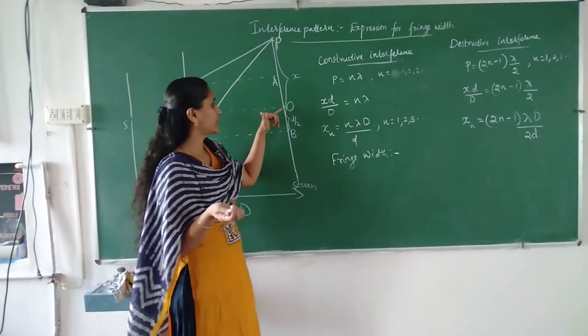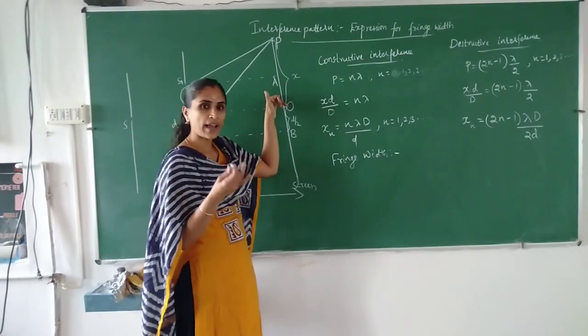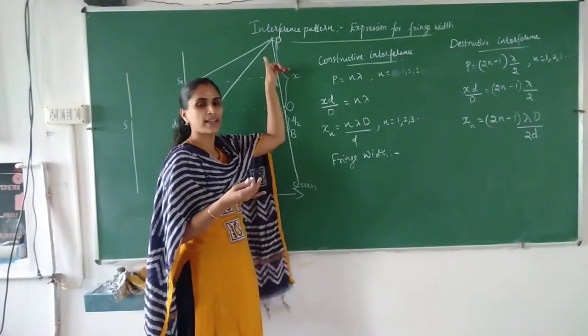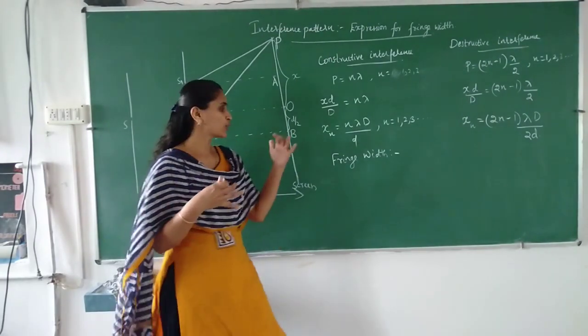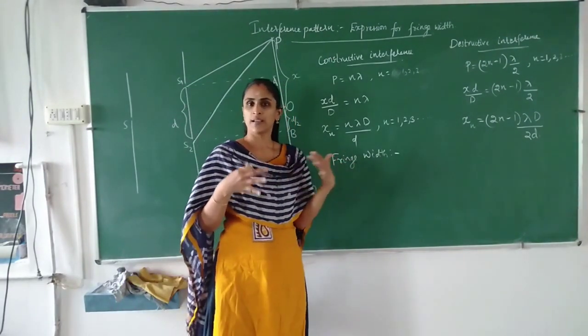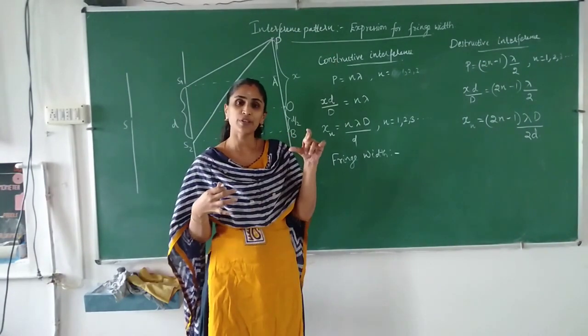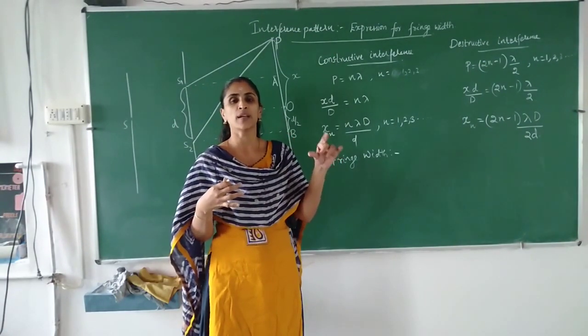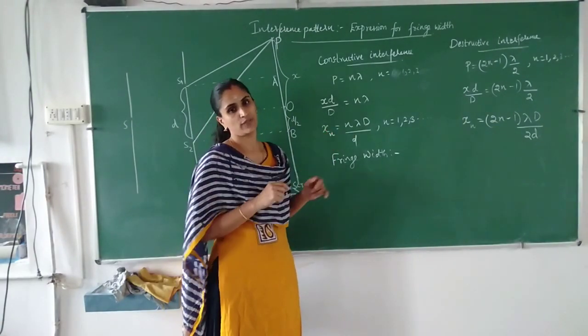Okay, so the central point will be maximum intensity. Next dark fringe, again bright, again dark, again bright, like that. To find the width of a dark fringe, how to find it? The separation between the consecutive bright points, that will be the dark fringe.